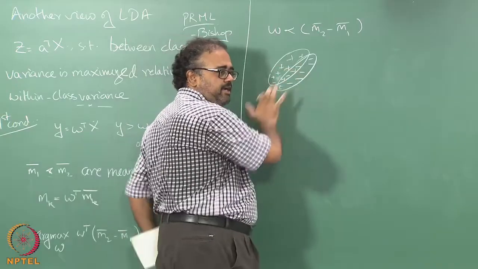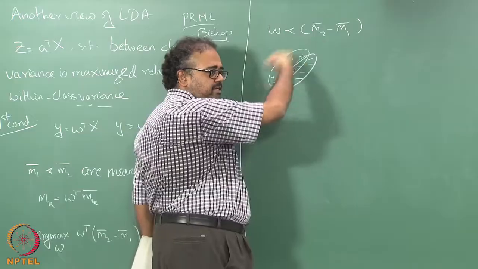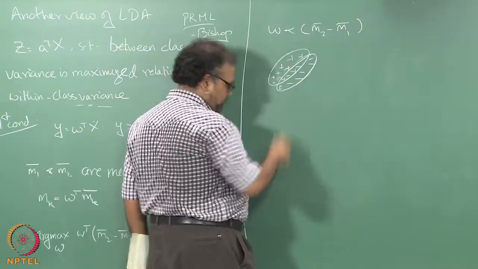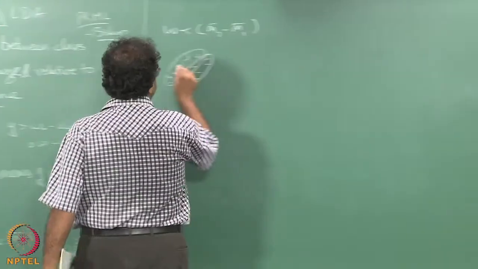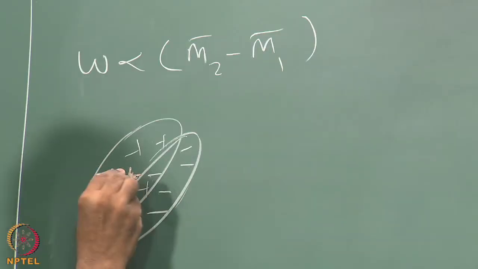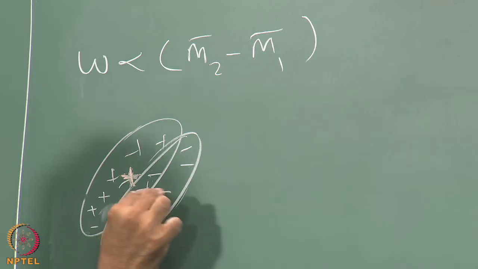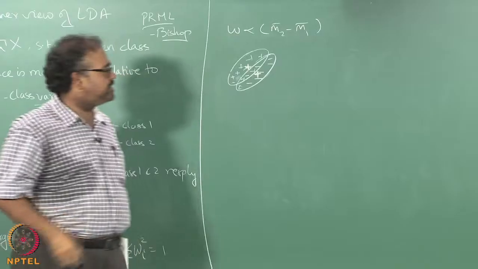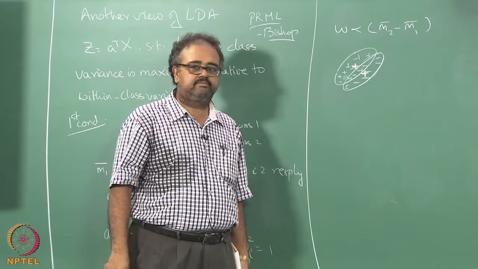So I am going to get data like this, and I am modeling the Gaussian by these contours, okay. Now let us say that roughly these points are the centroids of the data that I get, right.